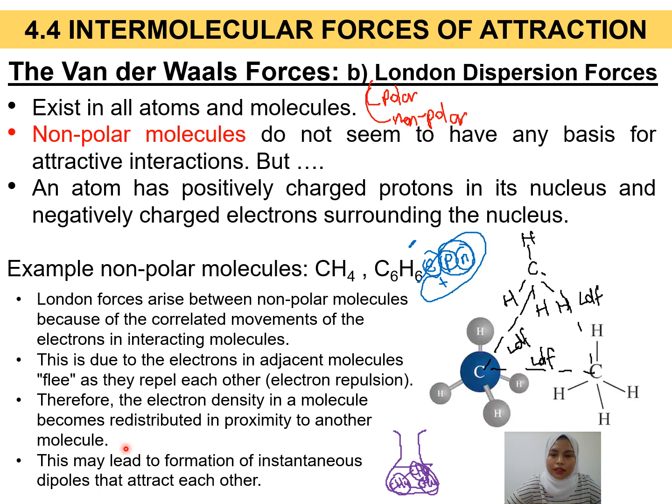Okay, so when the electrons repel one another at the adjacent molecule, they will be rearranged and create an instantaneous dipole, a temporary dipole. So the temporary dipole that is created is what will hold these molecules together. Okay, the key word here is instantaneous dipole.